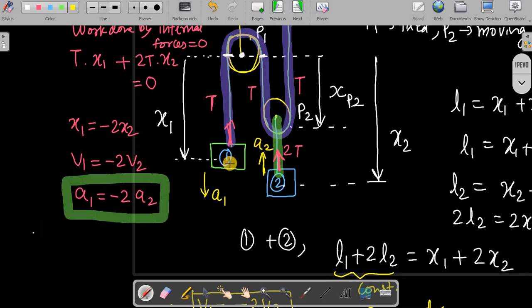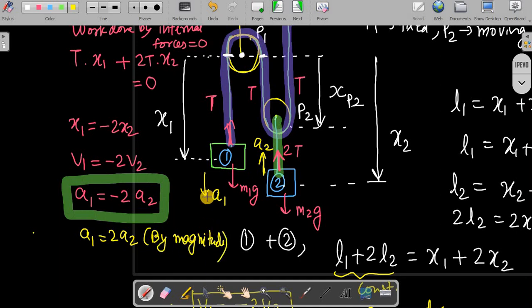Now first, when I am going to write Newton's law here, this is m1g, here also m2g, forces acting. Magnitude wise, you can say a1 is equal to 2a2. Now we are going to take the equations by magnitude only, right?